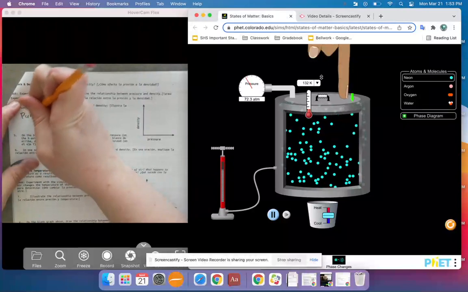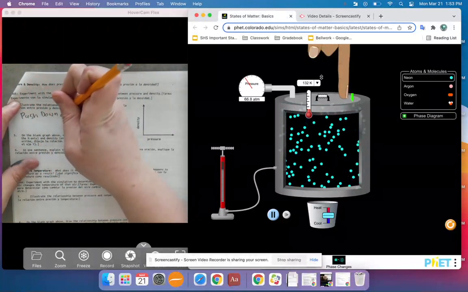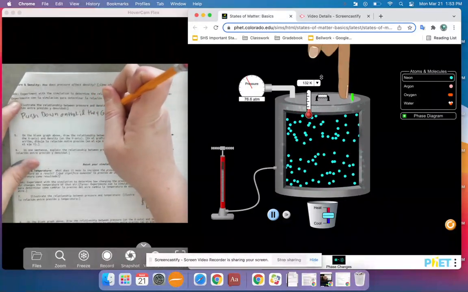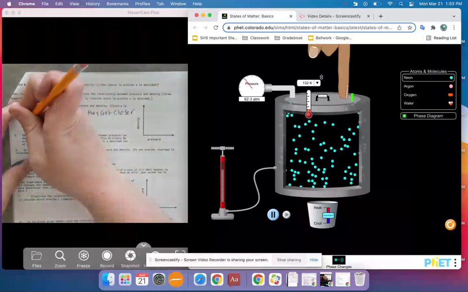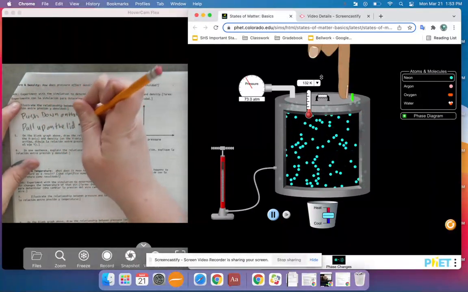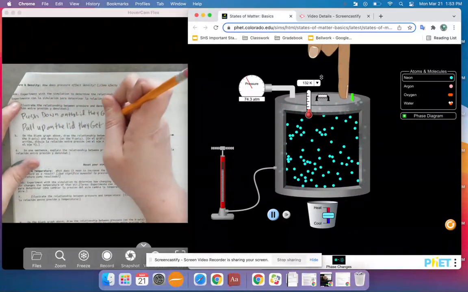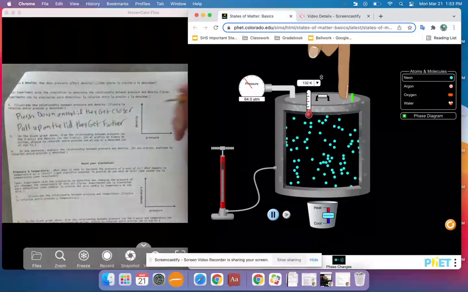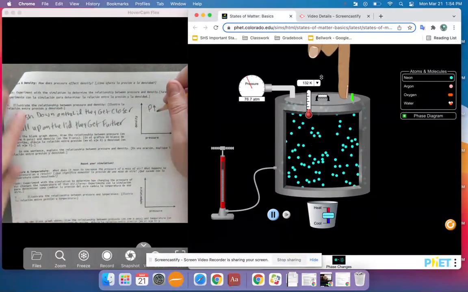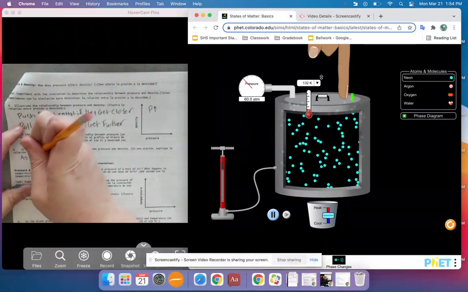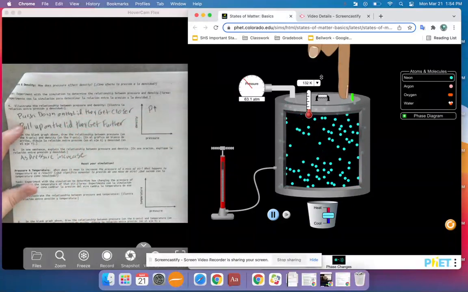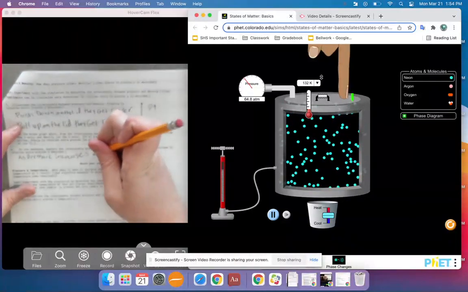When I push down on the lid, they get closer. When I pull up on the lid, they get further. So if we think about this in our terms, as pressure increases, the particles are getting closer together, so it's more dense.